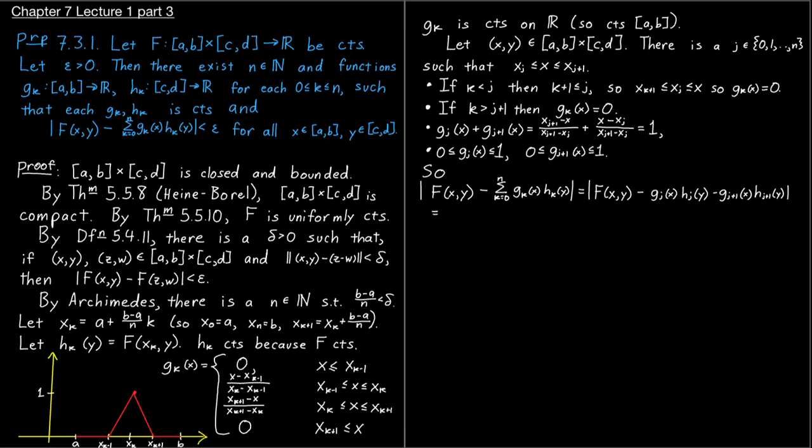And now we're going to use the fact that g_j and g_{j+1} add up to 1 to write f of (x,y) as g_j f plus g_{j+1} f. And now I'm going to write down what h_j is. Remember, that's f of (x_j, y).